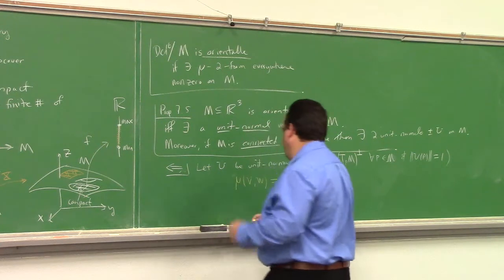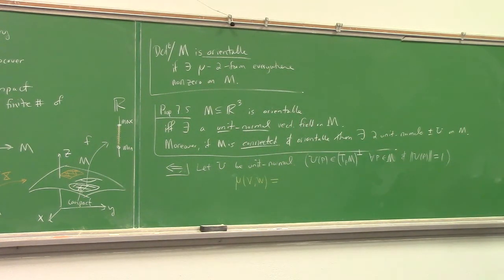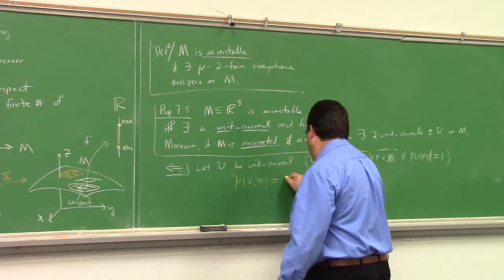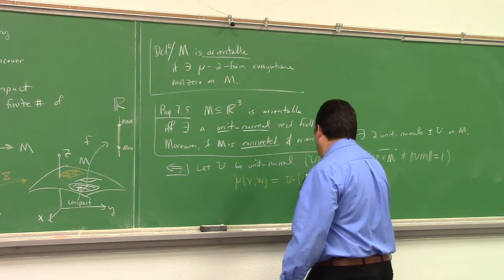And what should it be? How about this? U dotted with v cross w.